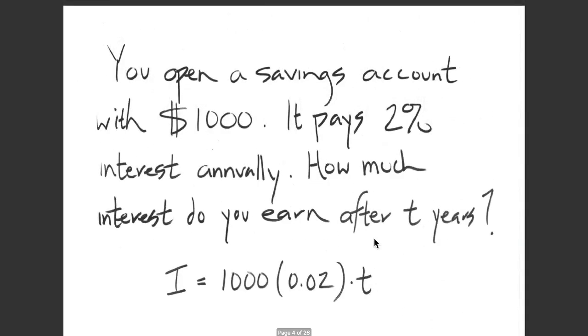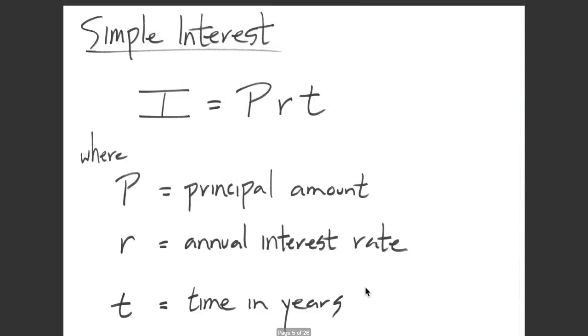And in general, after T years, the interest you earned would be the principal times the rate times the time, which would be T. So for simple interest, the general formula is that the interest earned is the principal times the annual interest rate times the time that you've had the principal earning interest in years.